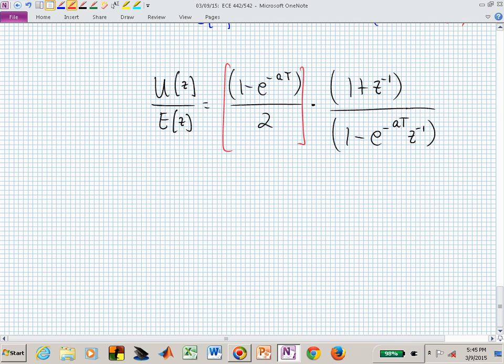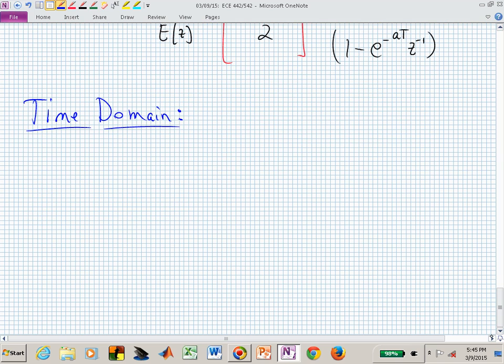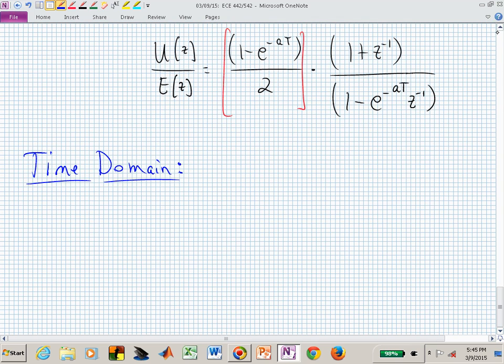We'll keep that together, multiply both sides through by the denominator factor and capital E, and put it into the time domain, and we end up with, I hope, the same equation. We have U of n, let's say, on the left, and I'll put everything else on the right. We also have another U in that expression, but it's been delayed by one time step.